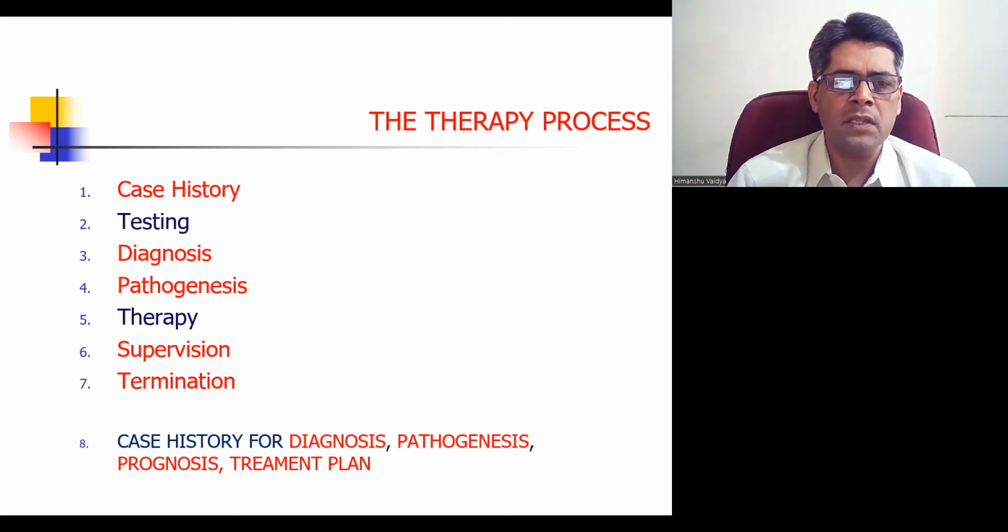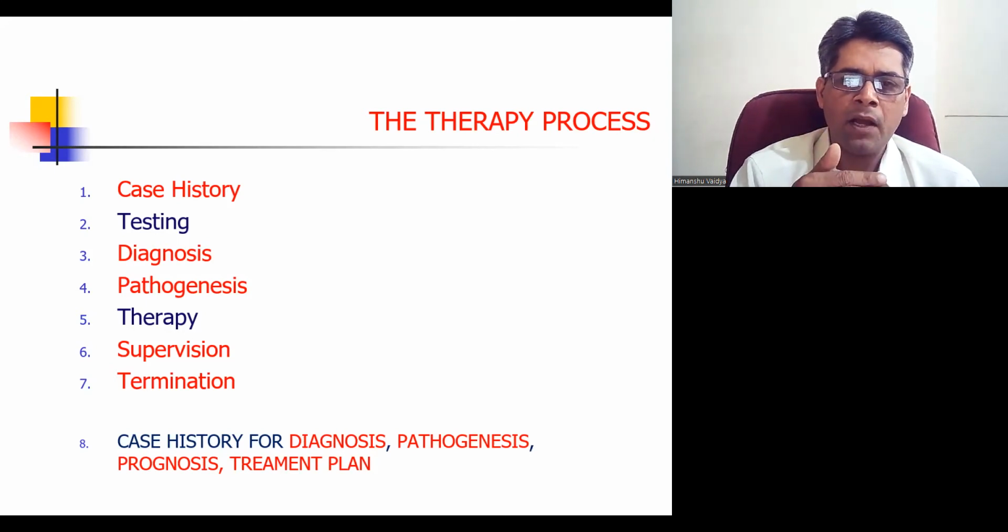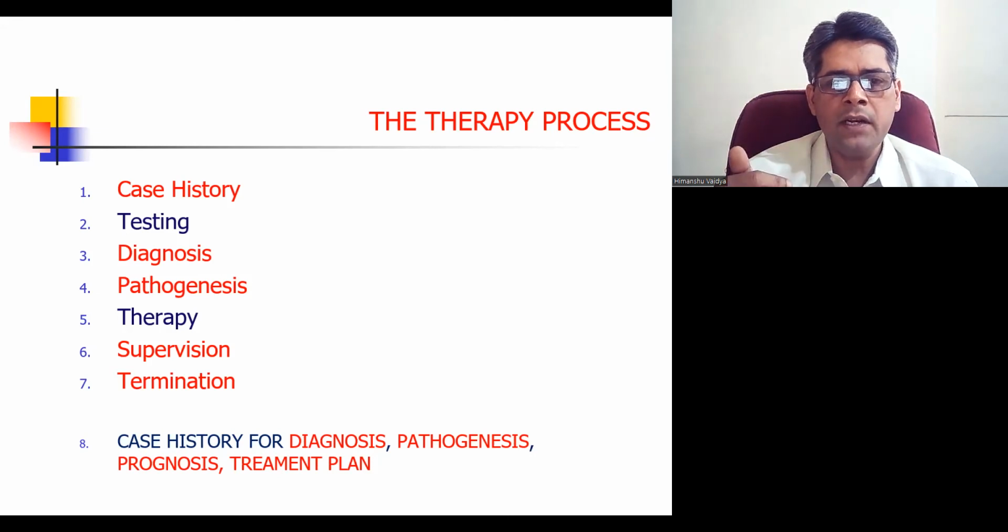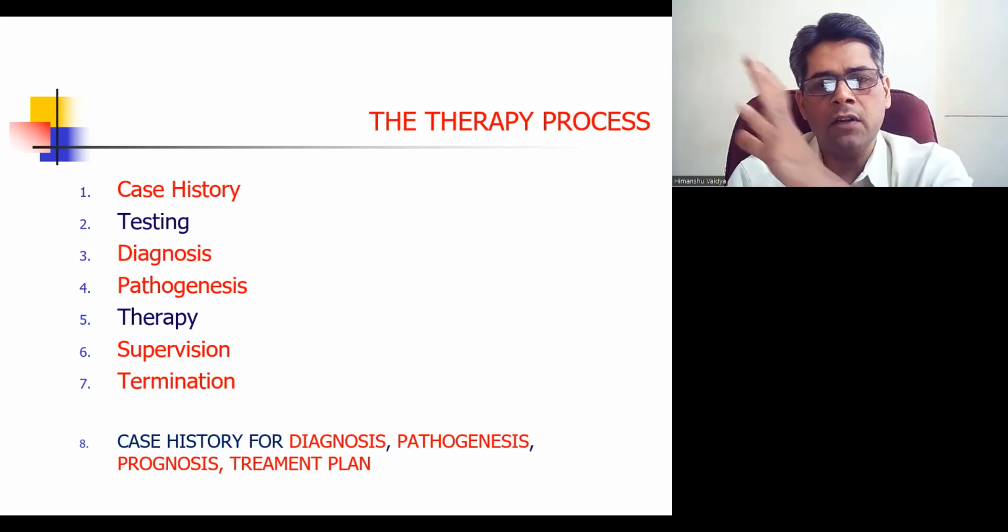Step number 4. This is the most critical part of the whole process, because the treatment plan, the therapy, flows out of pathogenesis. We will try to heal something based upon our knowledge of why that problem has developed in the first place and how it has developed over time.